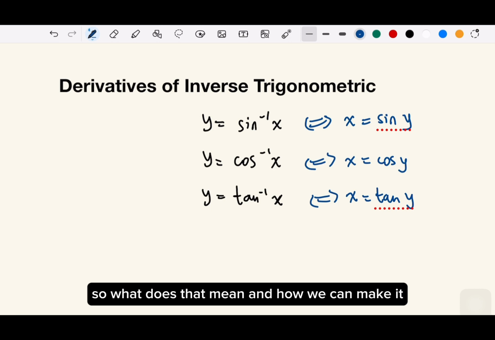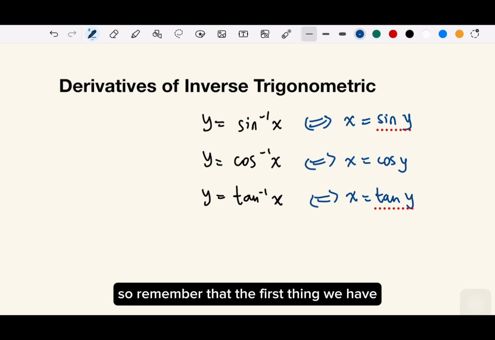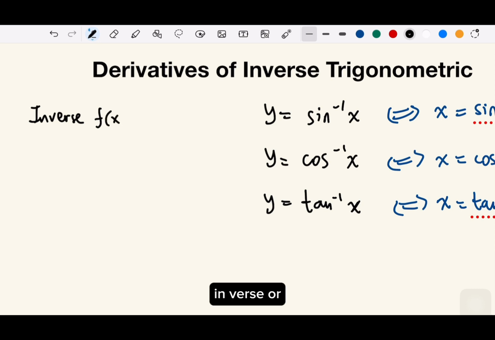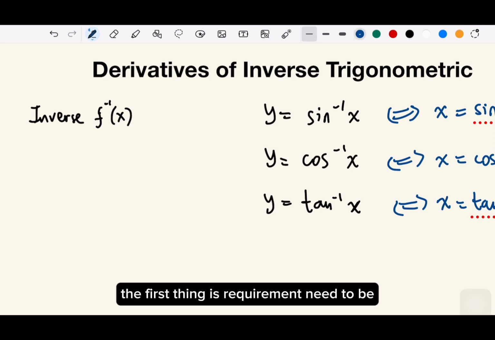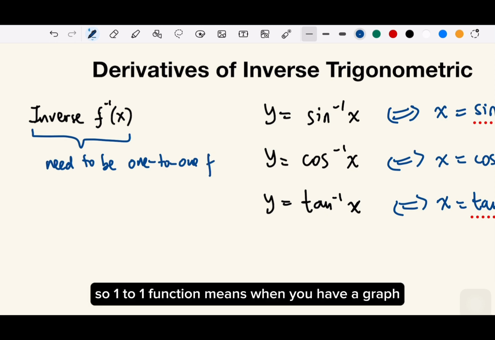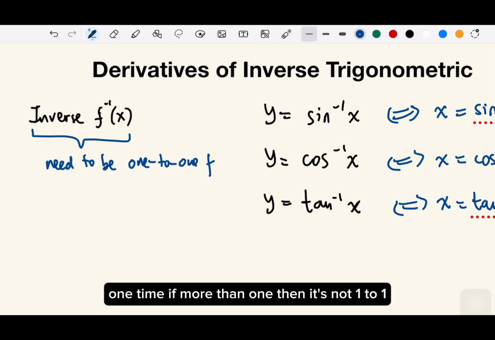So remember that the first thing we need, if we want to have an inverse, f inverse like that, is that the requirement needs to be a 1-to-1 function, right? 1-to-1 function means when you have a graph and you take a horizontal line, it only crosses one time. If more than one, then it's not 1-to-1.